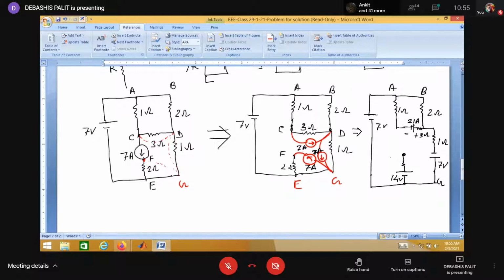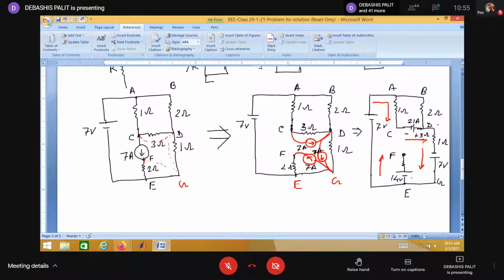This is your F point, and this is your E point. This is your C point. This is your D point. Now you can solve this circuit. This is one loop. You can apply KVL.